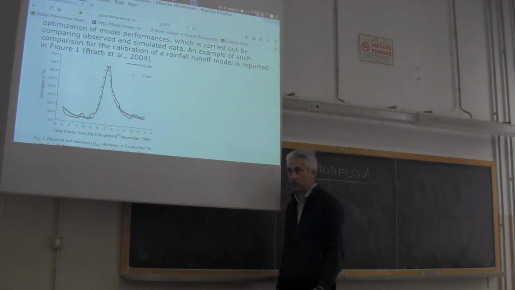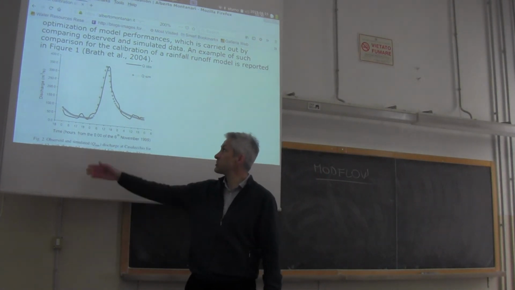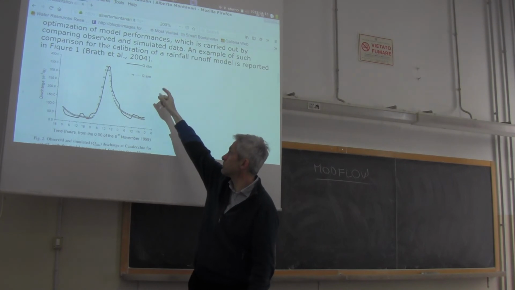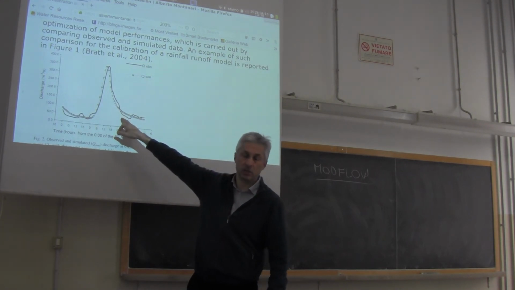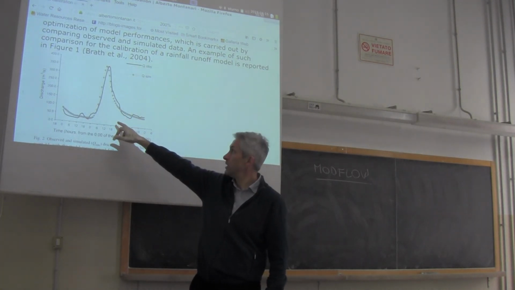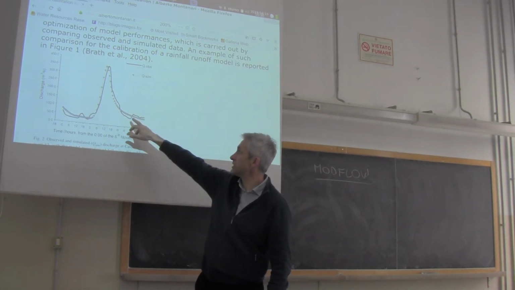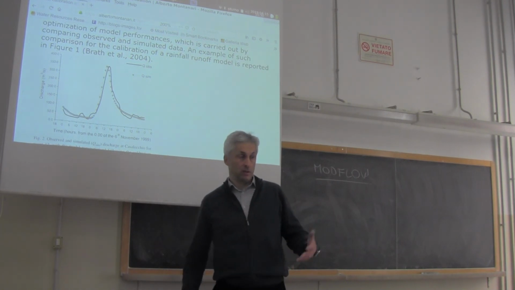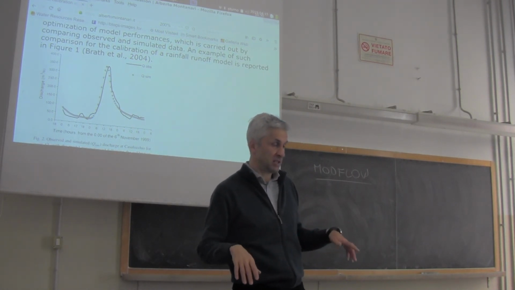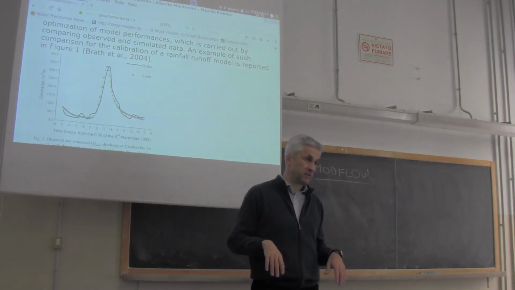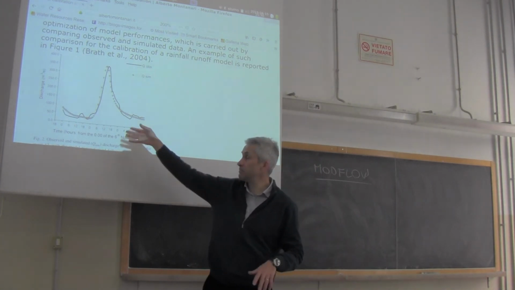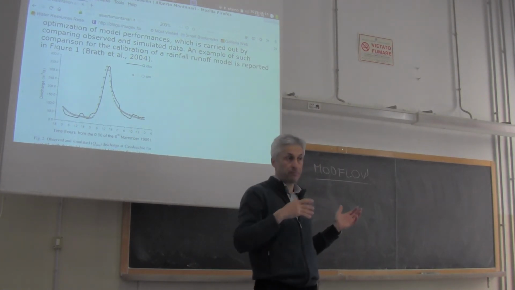Typically, when we talk about surface flows, we have an observed hydrograph. You see Q observed, the continuous line, and we have simulated data, the points. We change the parameter values until we find the best possible simulation.